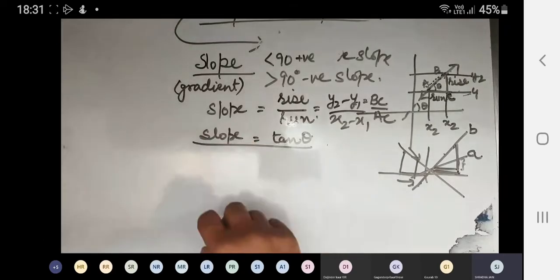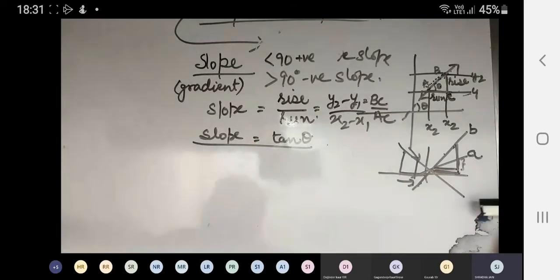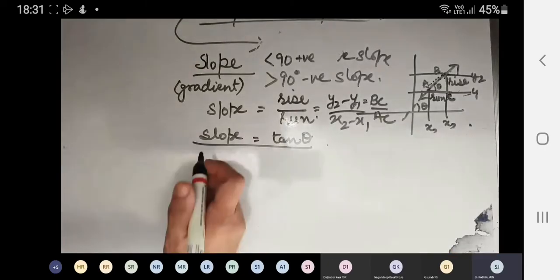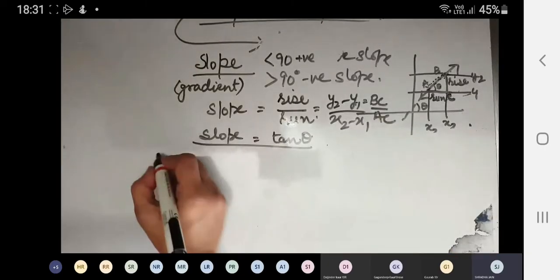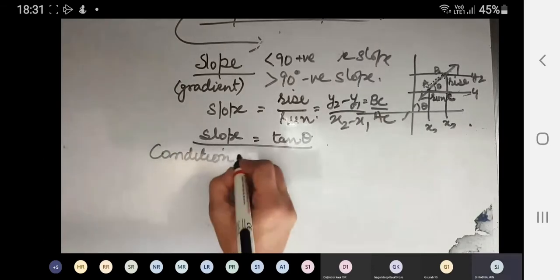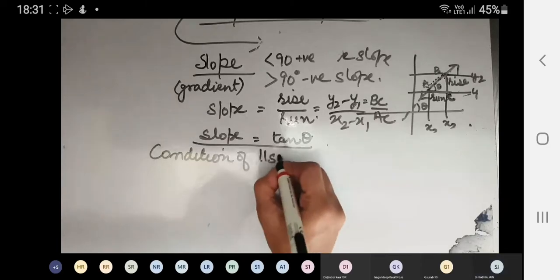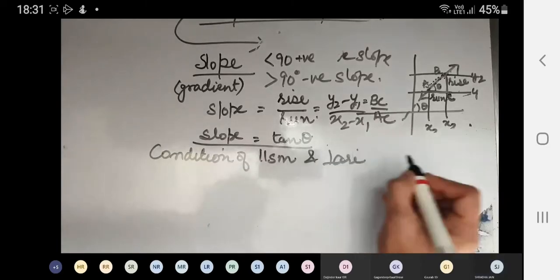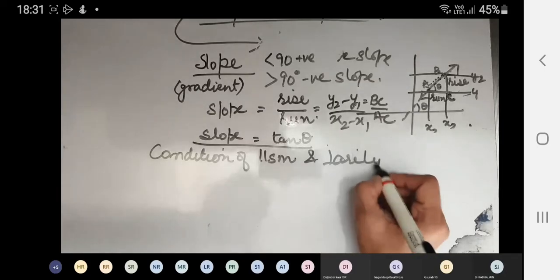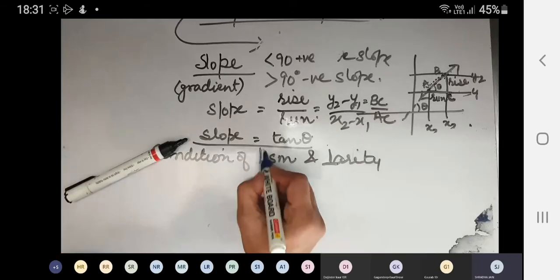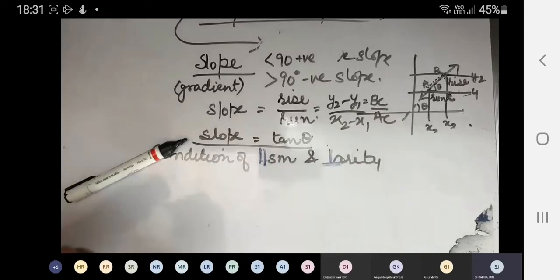Now, how to obtain the equation of line? This is what we have learned in that exercise. Another concept was the condition of parallelism and perpendicularity. What is the condition for parallelism and perpendicularity?